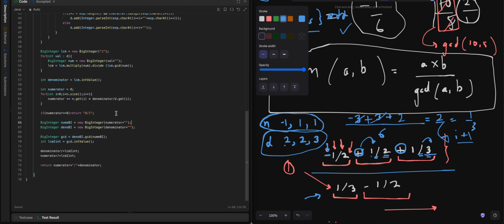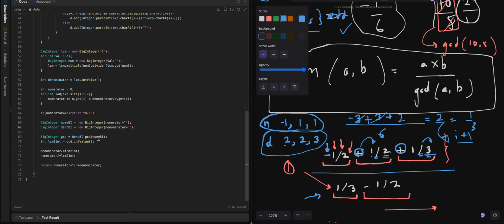Now as we discussed in the problem, it could be possible that the value we got is not an irreducible fraction. So we have to handle that, and how we did that is by calculating the GCD of both the numerator and denominator, and then dividing both by this GCD value.